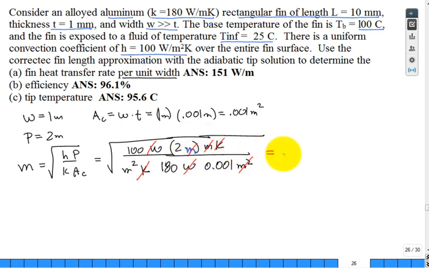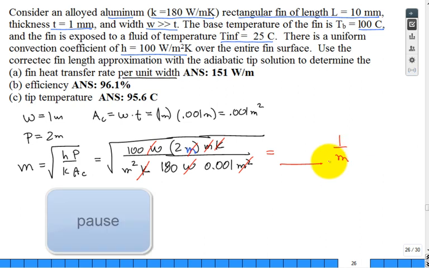So, what is my answer, and what are my SI units for this fin parameter m? It's 1 over m. See that? Okay. Somebody want to run this number for me and see what you get?